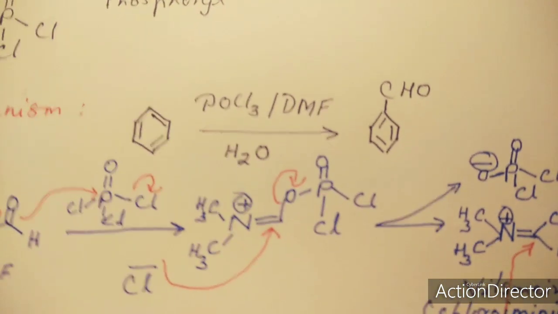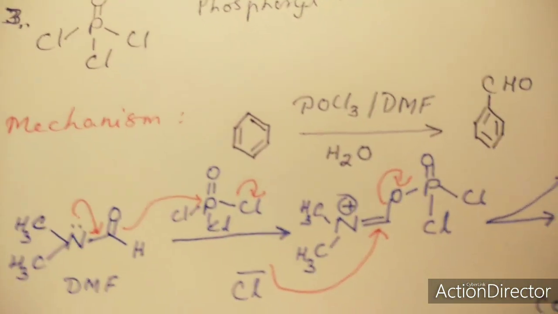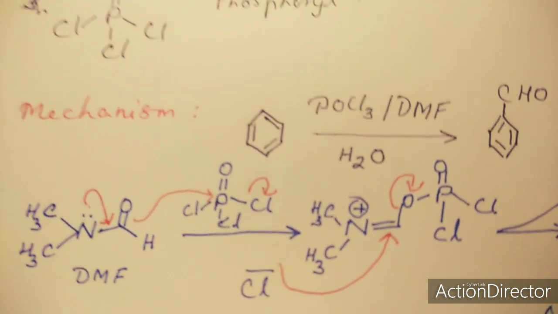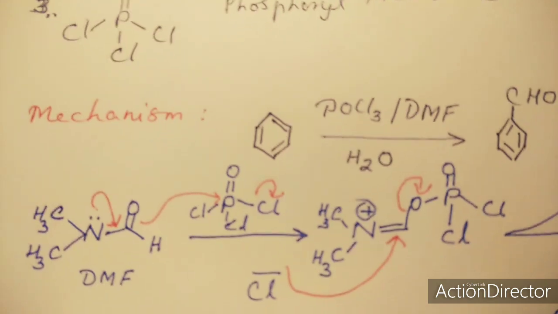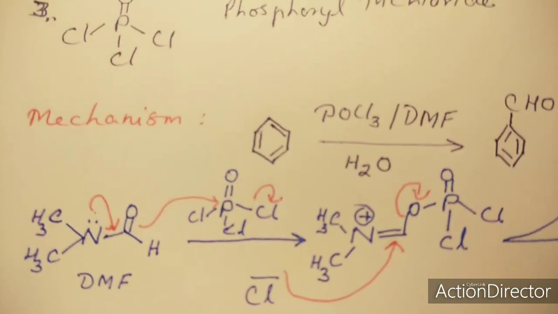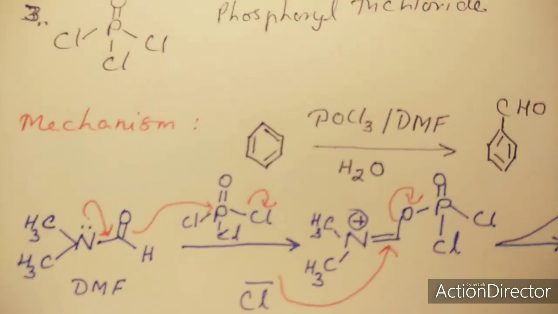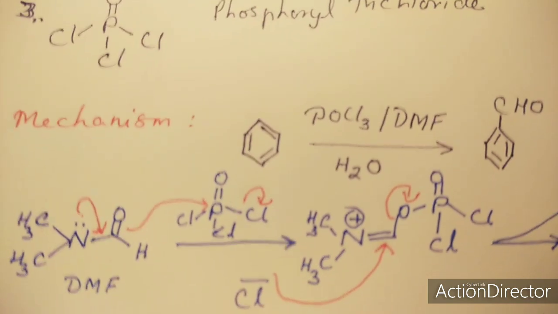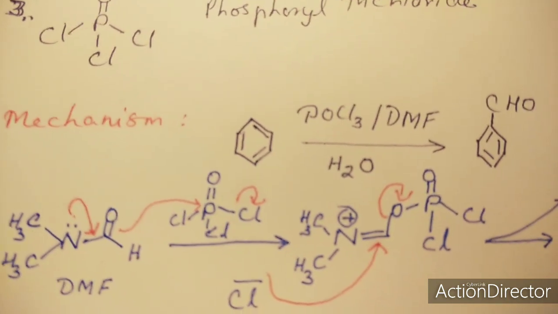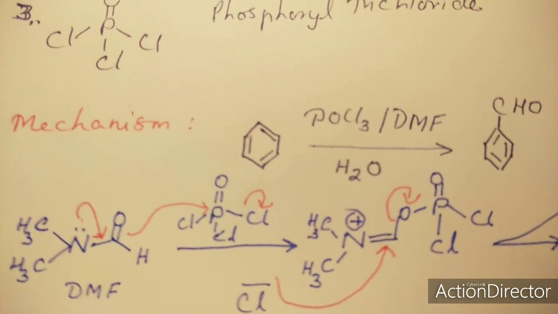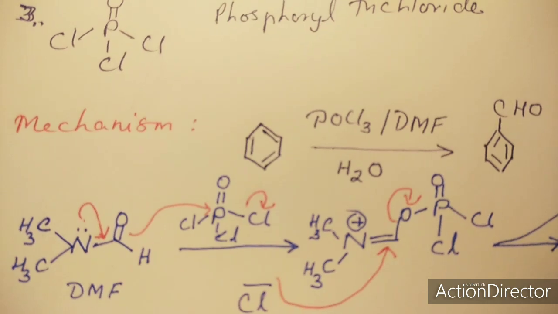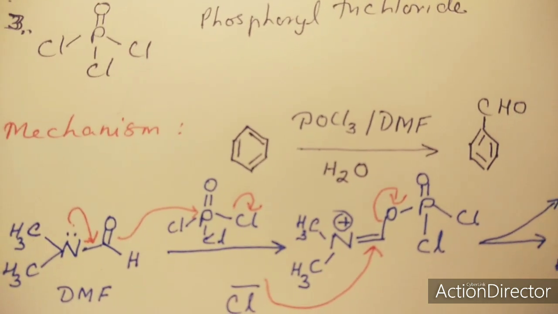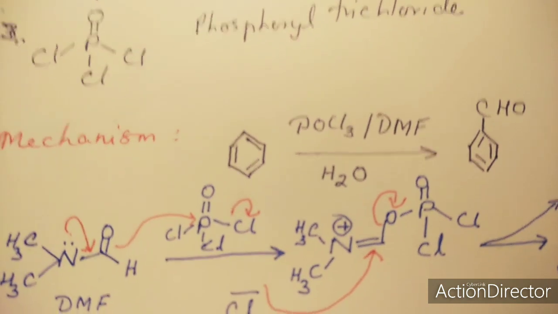How was this generated? This was generated by the reaction of dimethyl formamide with POCl3, because the electron pair of nitrogen was shared with the carbon of dimethyl formamide. So the oxygen was removed from it to form PO2Cl2, and the Cl negative which was removed from POCl3 was attached to the carbon, N double bond carbon, the carbon having the double bond as CCl.